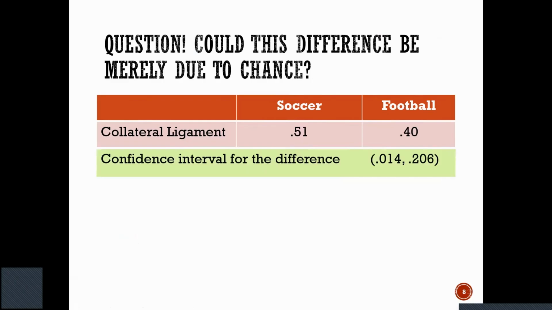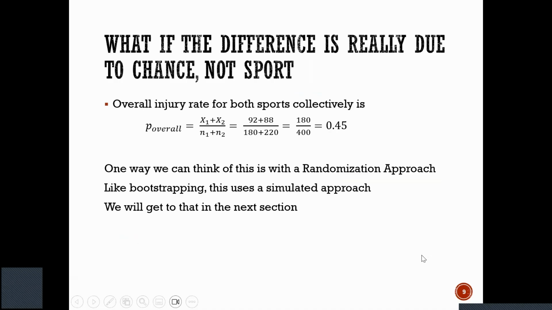The question is always, could this difference be due to chance? And remember, if the confidence level is 95%, then the alpha rate is 5%. So there is a chance that it's due to chance.